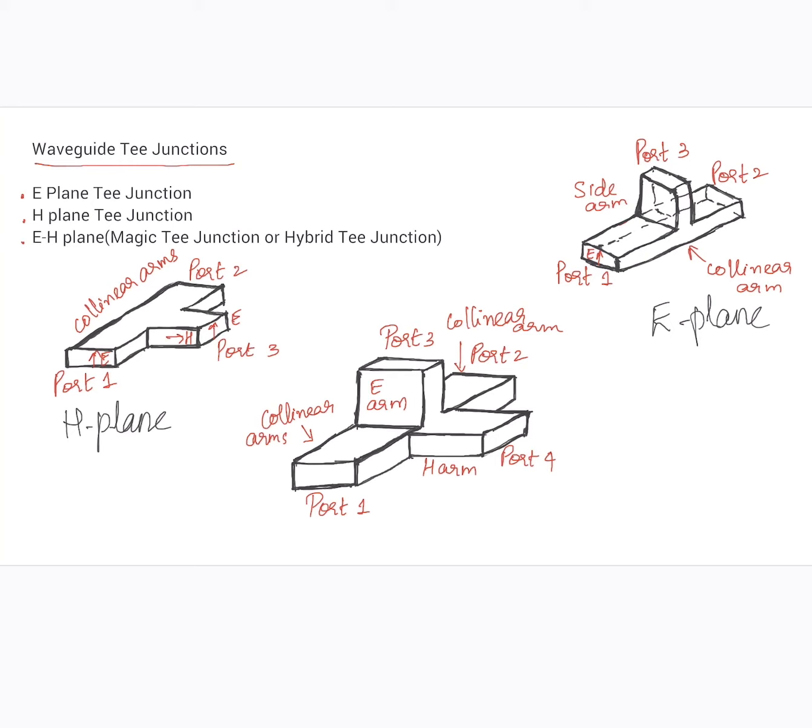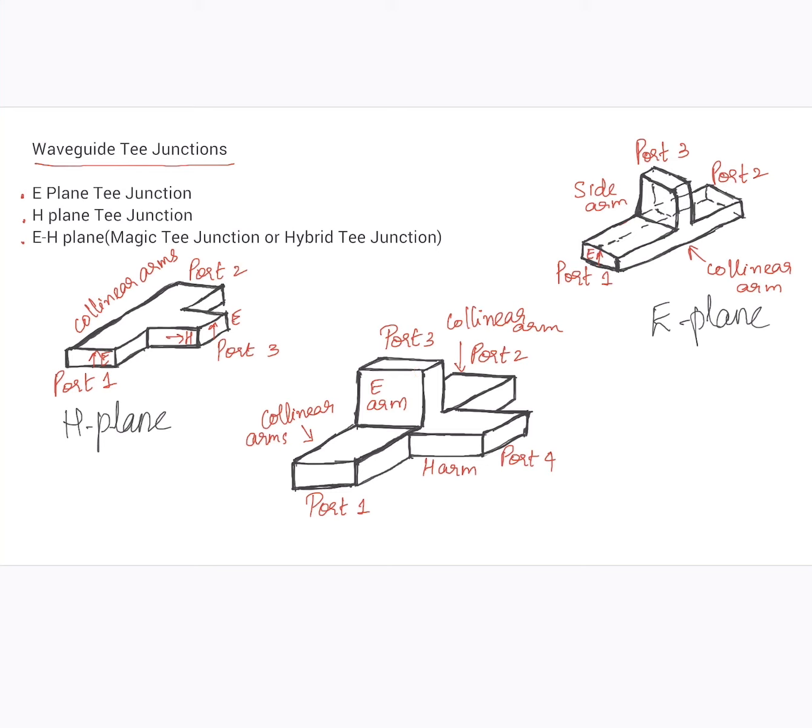That is, when a power is fed to port 4, it gets divided equally between ports 1 and 2. And when a power is fed to port 3, it gets divided equally but with a phase shift of 180 degree. And E-arm and H-arm are completely isolated.